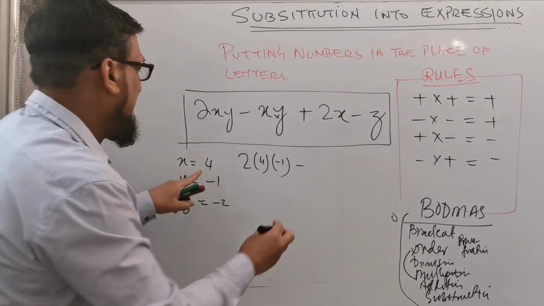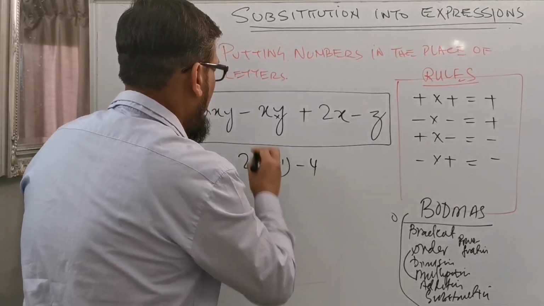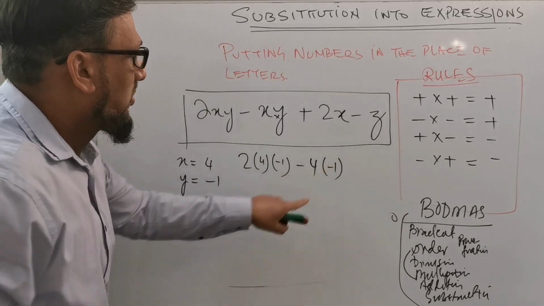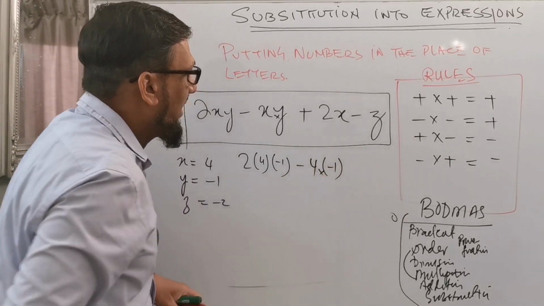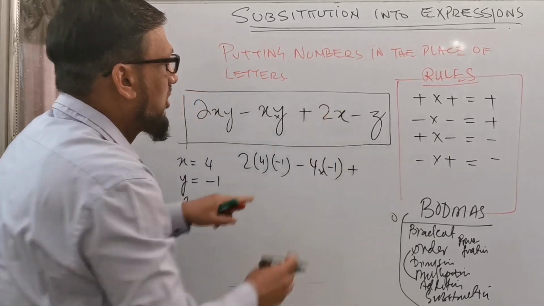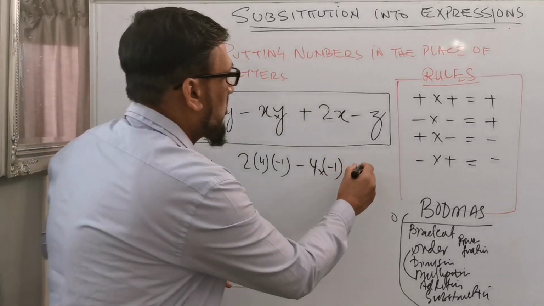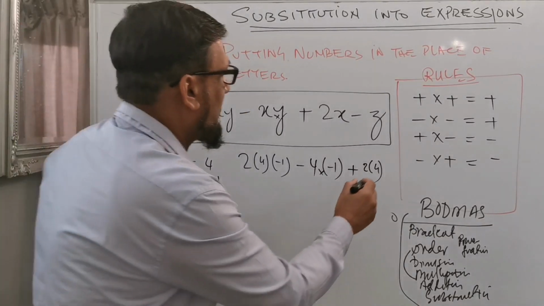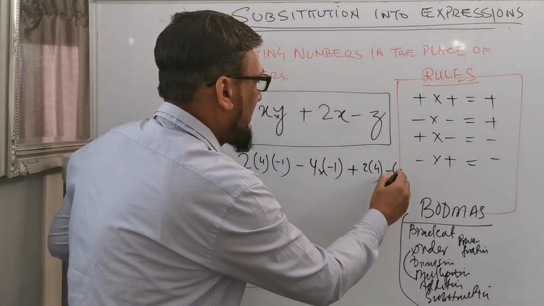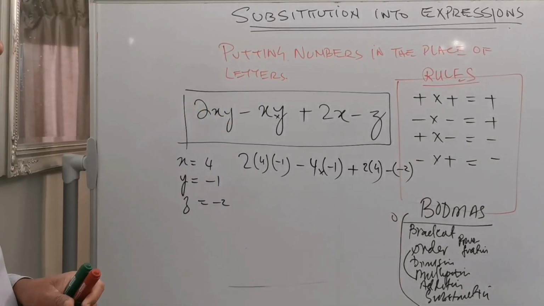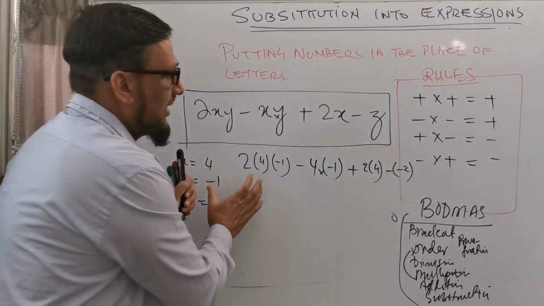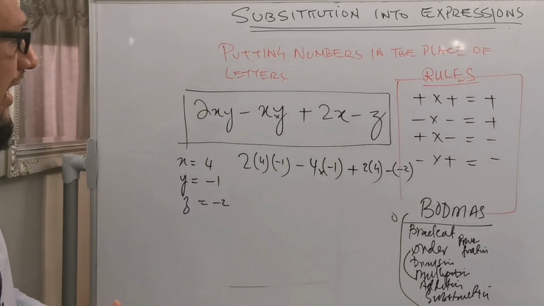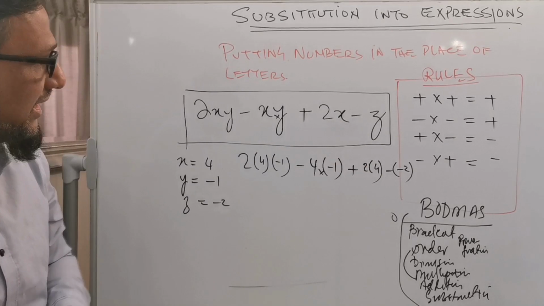So x times y is 4 times minus 1, and then plus 2x. So 2 times 4, and it says z is minus, so bracket, and this is minus 2. So now we substitute the given values here, and we need to simplify this one.